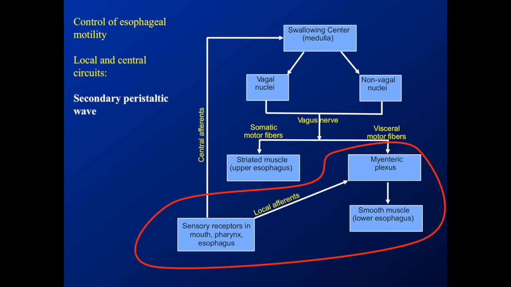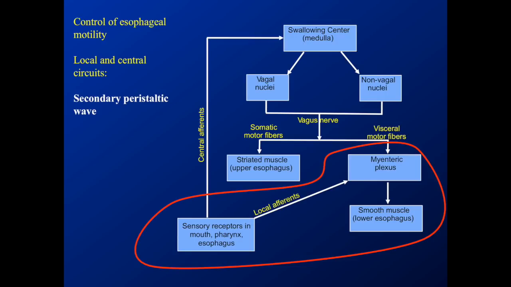If you were to eat a lot of food and take a mighty swallow, and the initial pressure wave of peristalsis pushing that food down isn't enough to clear the esophagus, then you'll get a second peristaltic wave occurring. And this is an example of an enteric nervous system reflex that's just intrinsic.